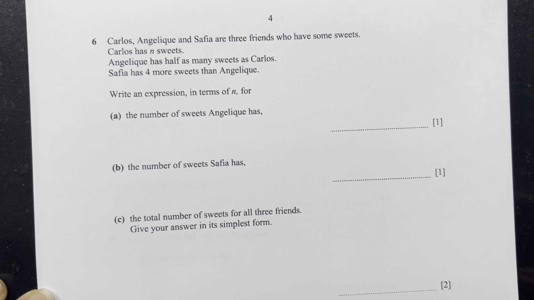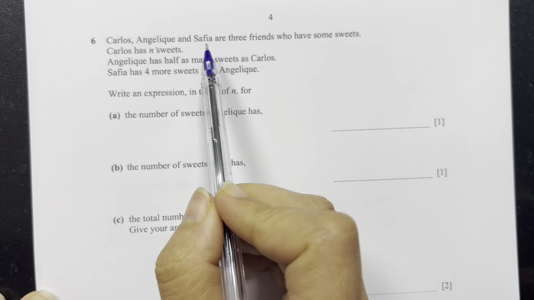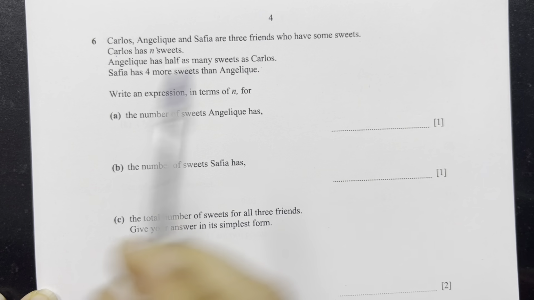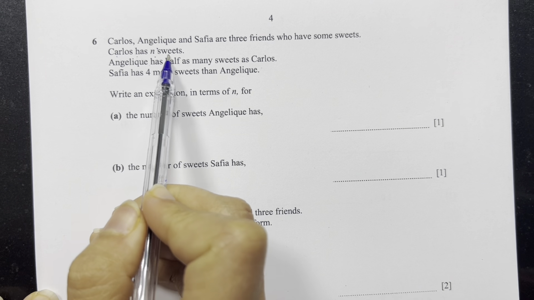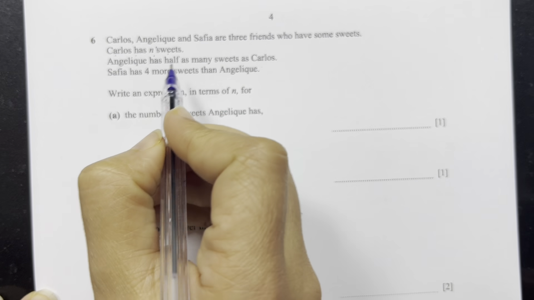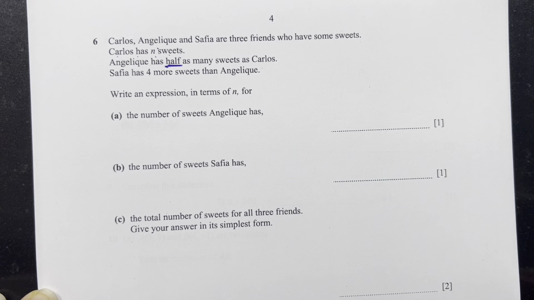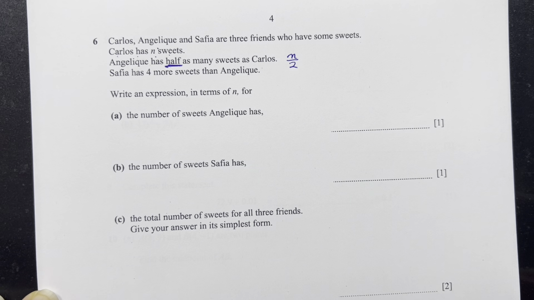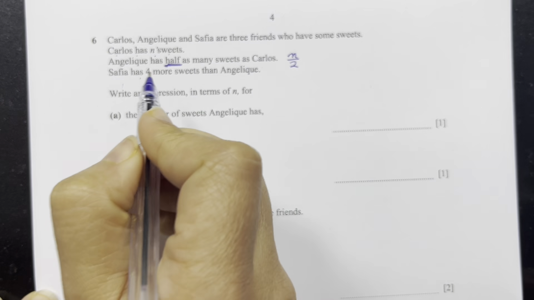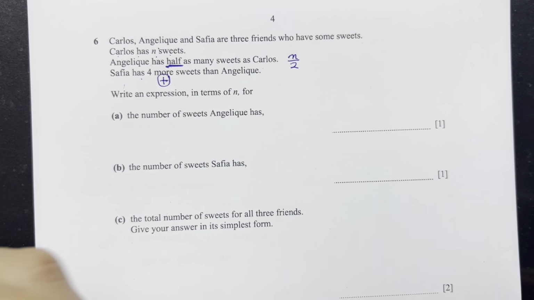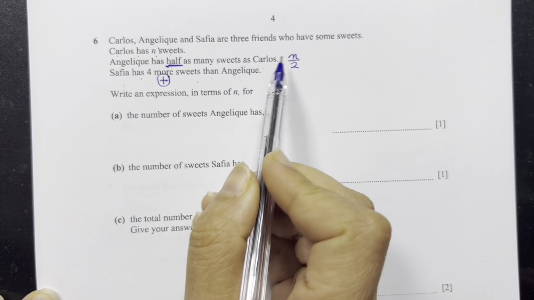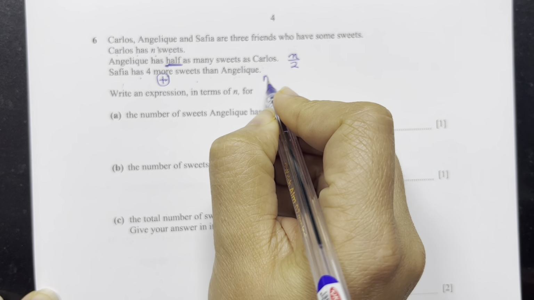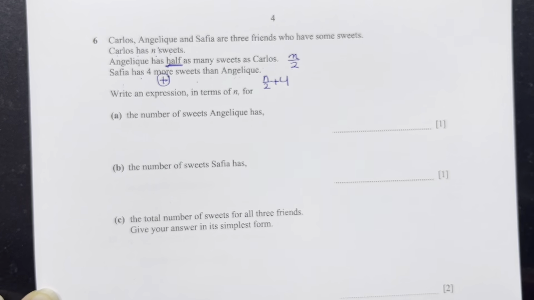Question number 6. Carlos, Angelic, and Safia are 3 friends who have some sweets. Carlos has n sweets. Angelic has half as many sweets as Carlos, so it will be n over 2, because it is half. Safia has 4 more, meaning plus 4, sweets than Angelic, which is n over 2, so it will be n over 2 plus 4.